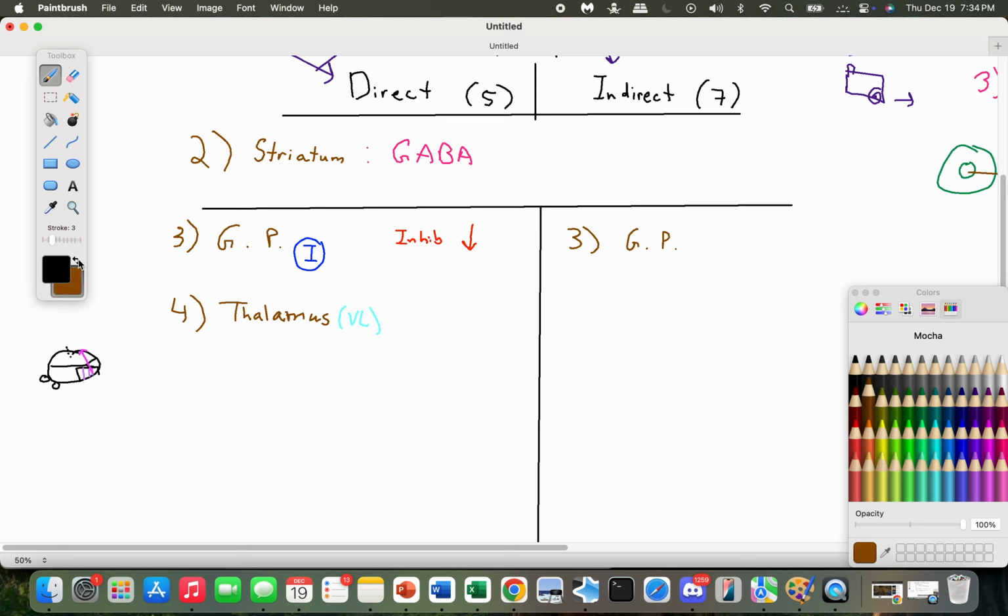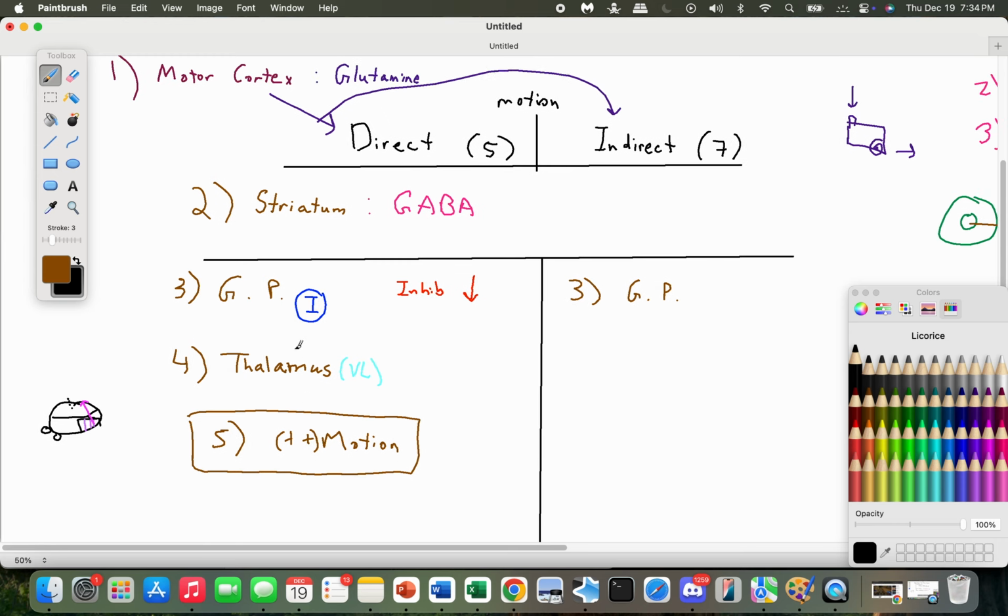Okay, well then that kind of just makes our job easier, because if we have the stimulation of the ventral lateral group of the thalamus, we get motion. Okay, well, great. That's exactly the goal of the direct pathway.